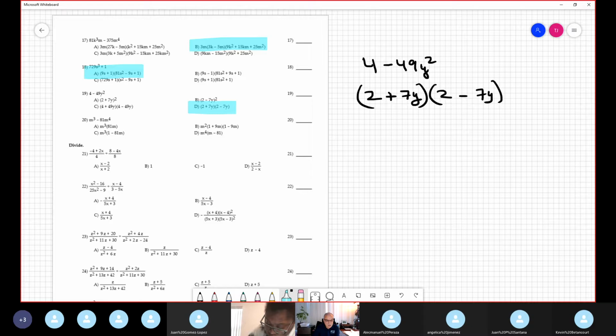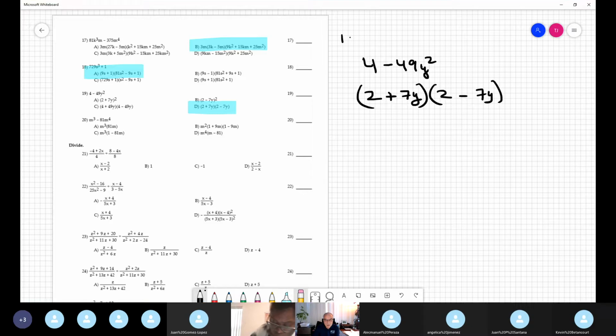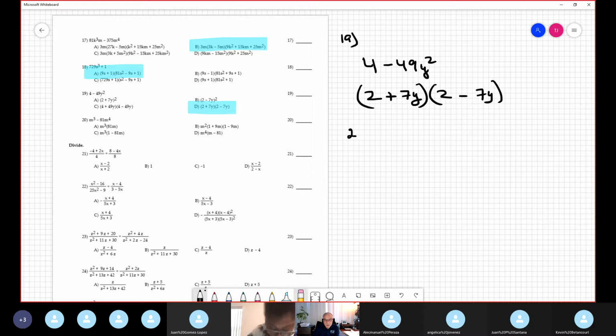This is 19. And 20 is also easy. 20 is m cubic minus 81m to the 4th power. Well, in this case, you have a GCF. The GCF is m cubed.